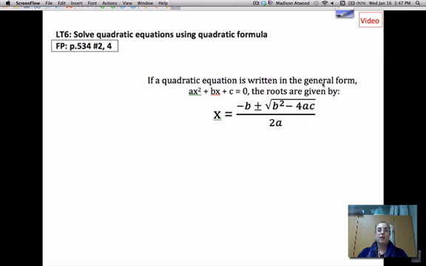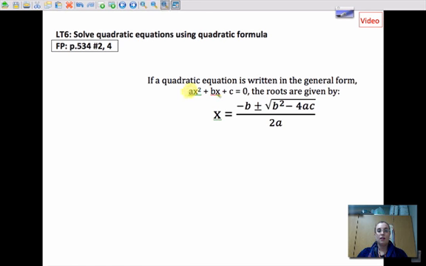So if an equation is in general form, meaning that it's in the form of ax squared plus bx plus c equal to 0, then you can take the numbers a, b, and c and put them into your formula.